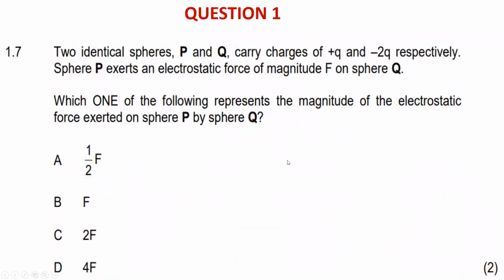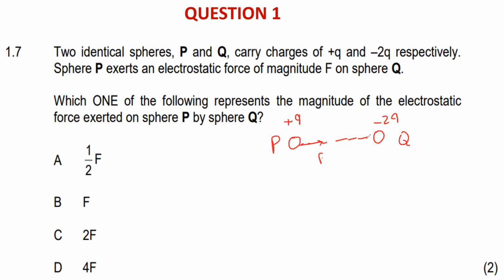Okay, another electrostatics question. Two identical spheres P and Q carry charges positive Q and negative 2Q. Let's draw our diagram. So we have positive Q, another one negative 2Q, and this one is object P and object Q. How can we calculate the electrostatic force between these two?